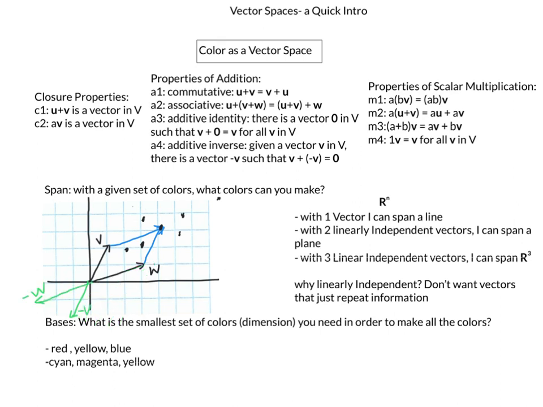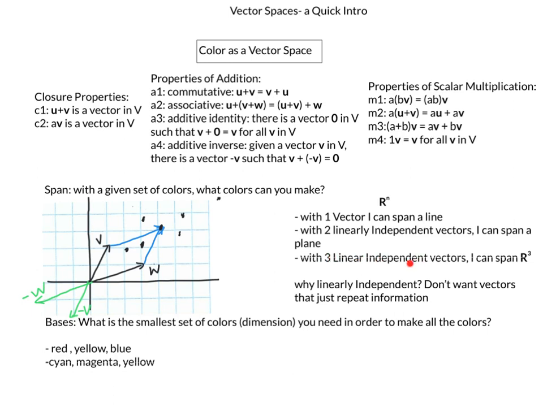And when I scale w negative now, and I add it to v, I'm going to get this part of this parallelogram. And then last, I have negative w and negative v, and I get this part of the parallelogram. So essentially what you end up with at the end is the entire plane. So that's why with 2 linearly independent vectors, I can span a plane.